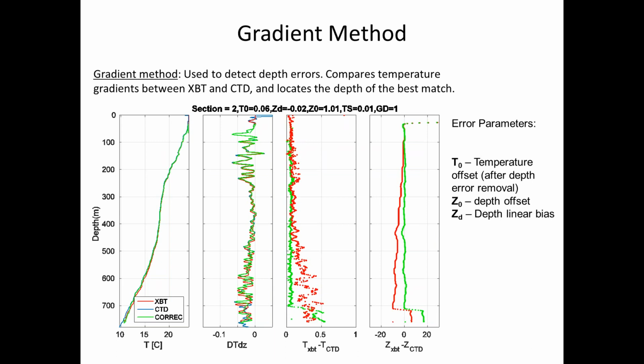So another part of the methodology is how to detect the errors: the temperature offset, the depth offset, and the depth linear bias. For that, we rely on the CTD data to tell us what the true temperature is, and then we calculate gradients over the depth, and then you see the red and the green here.